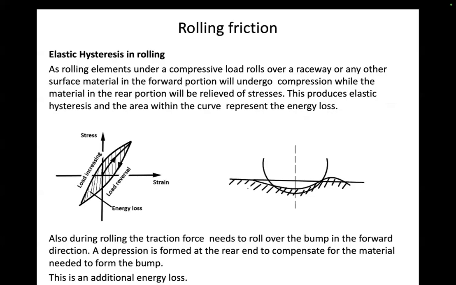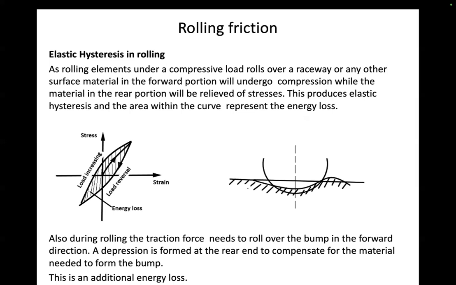Then finally, we come to elastic hysteresis in rolling. I think this has been widely accepted, and people consider it quite often as an important contribution to the rolling friction.